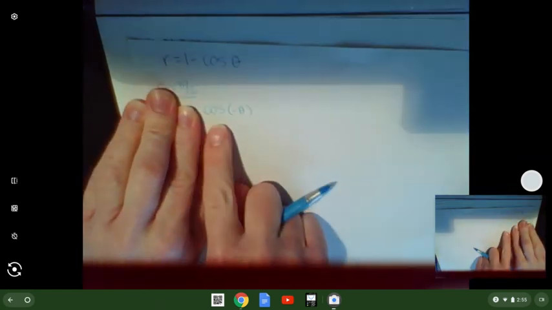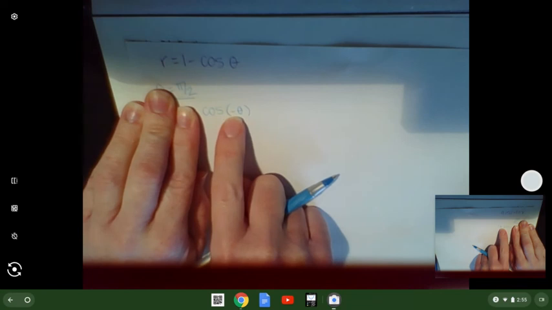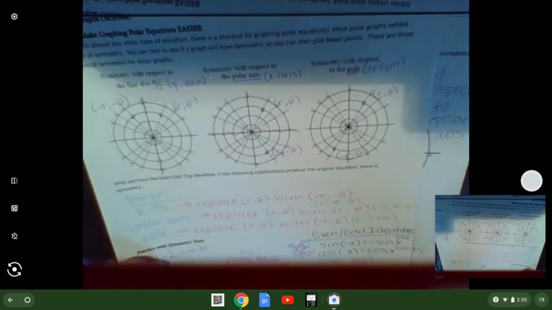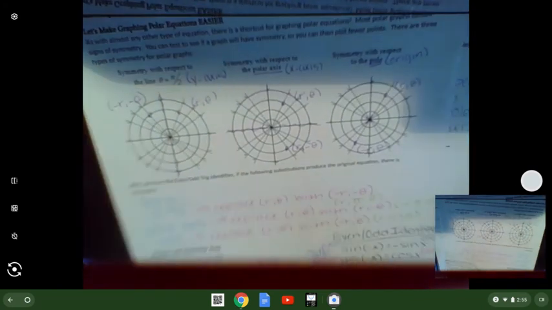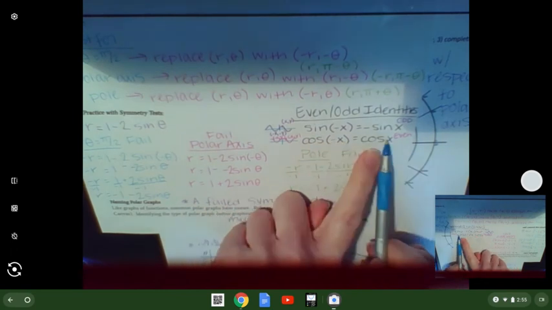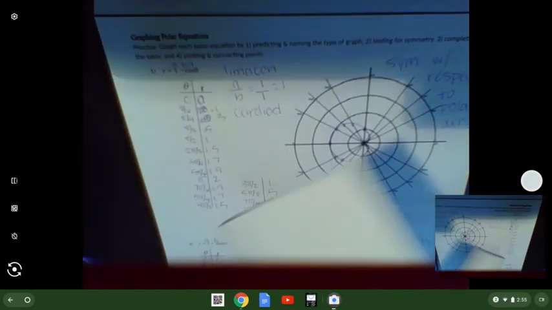Now, we did replace that theta with negative theta, which means we are going to need the even-odd identities to simplify the cosine of negative theta. If you remember, cosine is an even function, meaning when you plug in the opposite input, you get that same positive output. It's like that negative completely disappears.